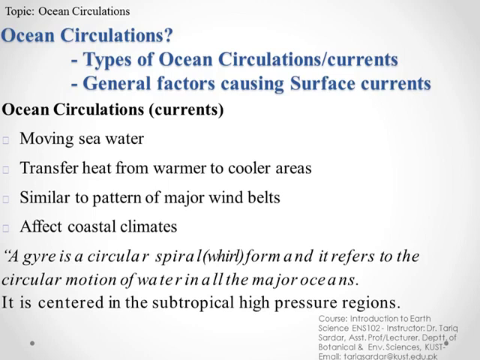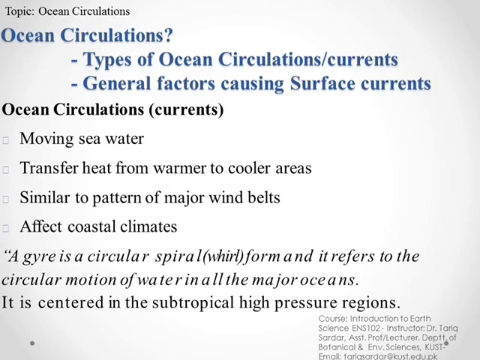The water currents also form these kinds of circulations. These gyres are centered in the subtropical high pressure regions, around the Tropic of Cancer and Tropic of Capricorn, where the atmospheric pressure is high over the ocean surfaces.